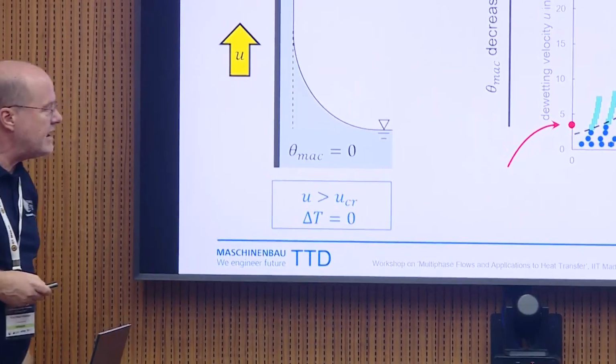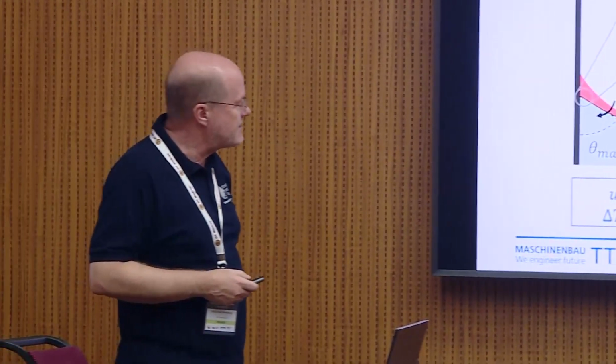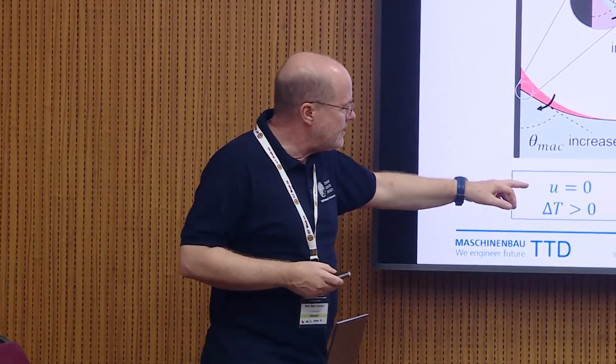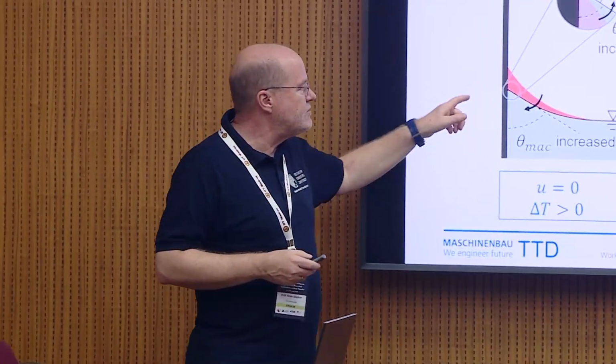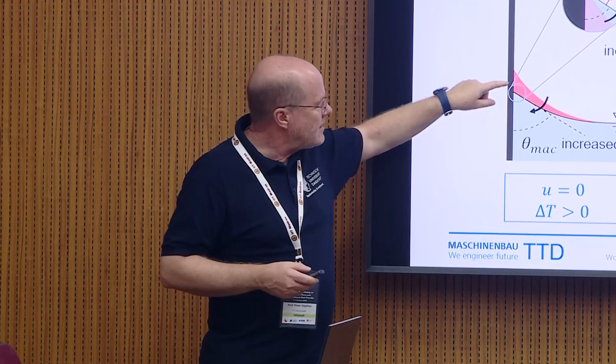Now we start everything with evaporation. We start again here at a static contact line. No moving plate, no moving system, but you increase wall superheat. If you increase wall superheat, you get a flux here, a flow in the liquid and evaporation here, and that means suddenly your contact angle is decreasing.